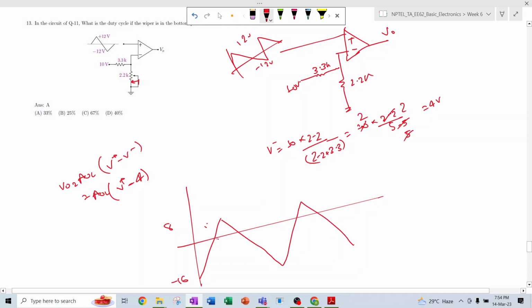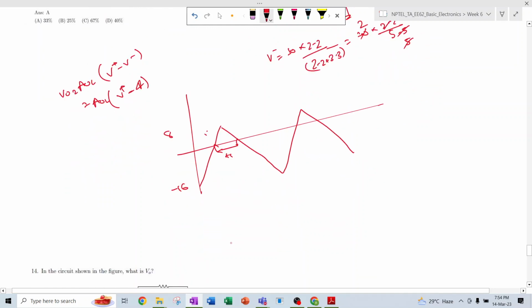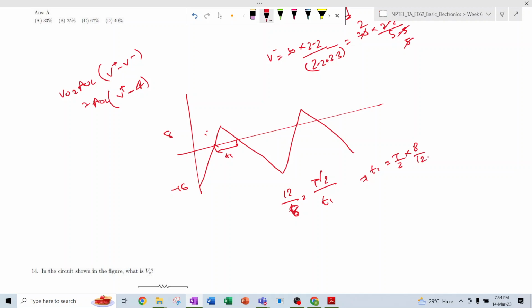Okay, so this is the thing, that is the 8 volt. Similarly like in the previous question, if we consider this as T1, so 12 divided by 8 is equal to T by 2 over T1. Earlier it was T by 2 and it was T1. So T1 is nothing but T by 2 into 8 by 12, right?